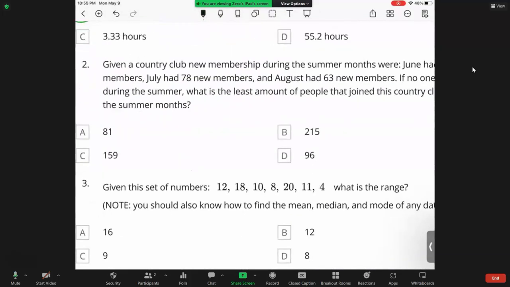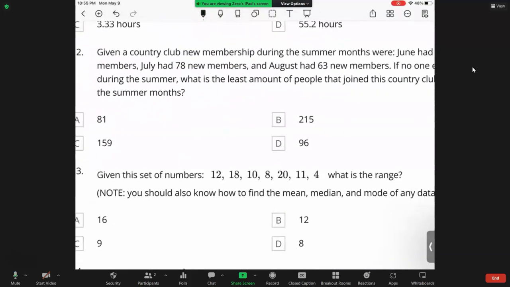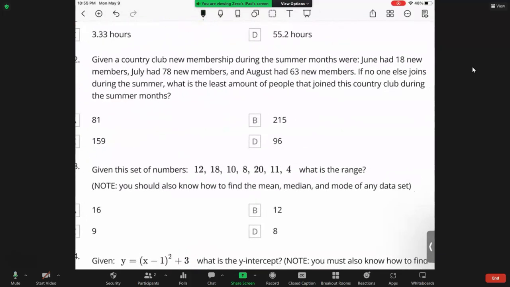Number two. Given a country club, new membership during the summer months were June, so June had 18, July had 78, and August had 63 members.